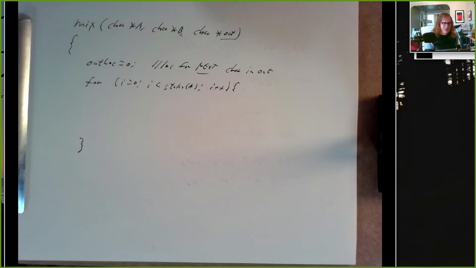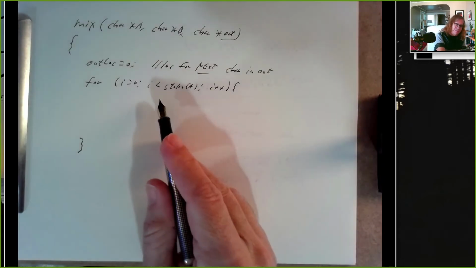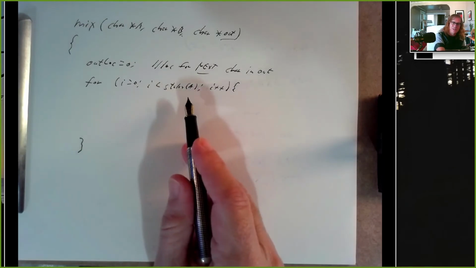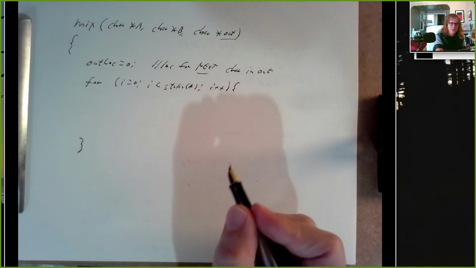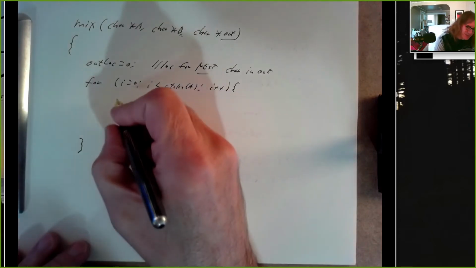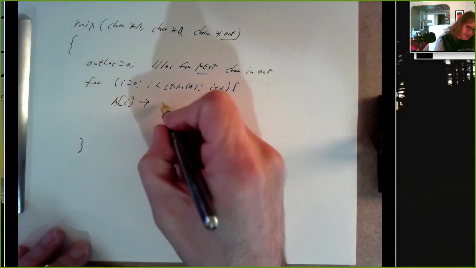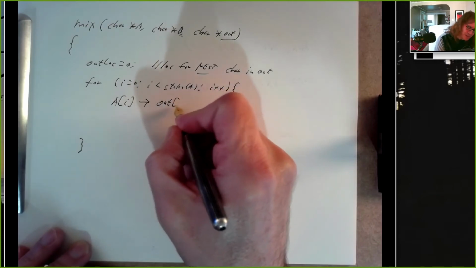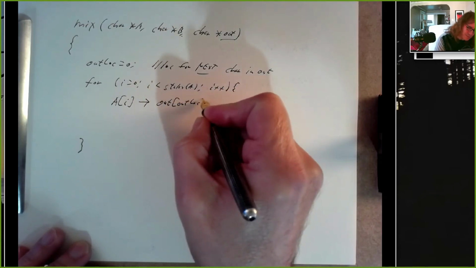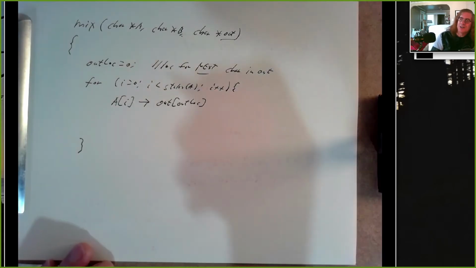All right, so I'm going to go through every character, every index in my string A, which is also an index in string B. And I'm going to take my character from A and copy that to my output string, where output loc says where I should store that character.